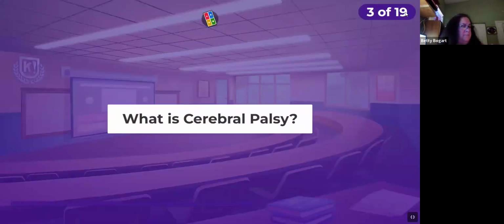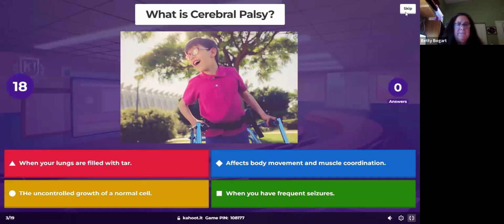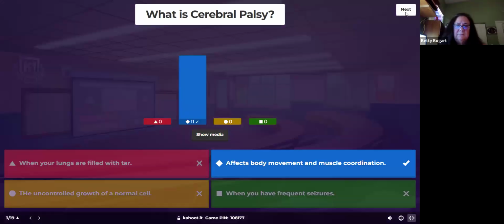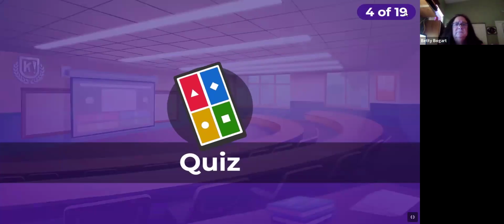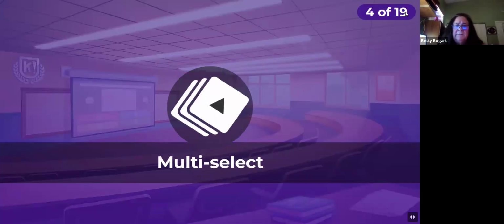What is cerebral palsy? It's all about body movement and muscle coordination. It just, the muscles don't do what you want them to do. A multi.